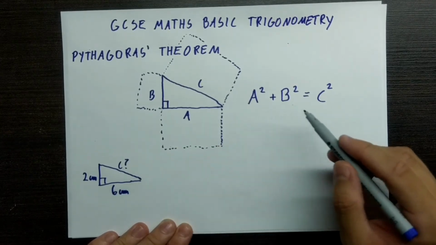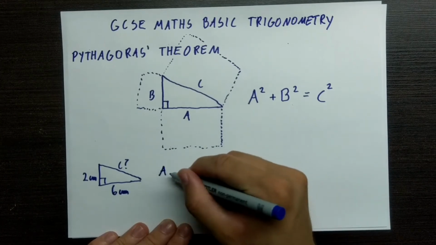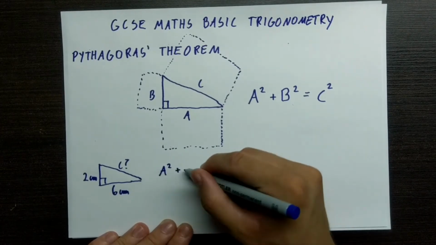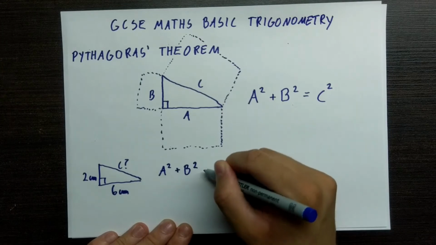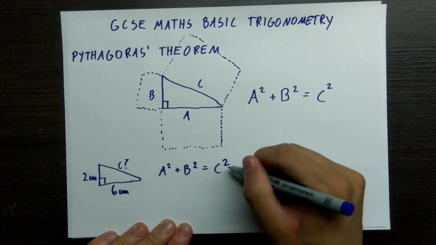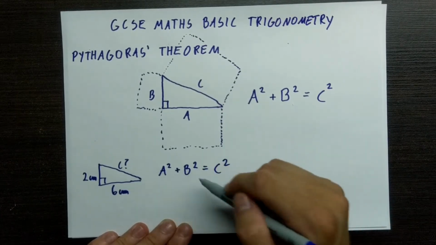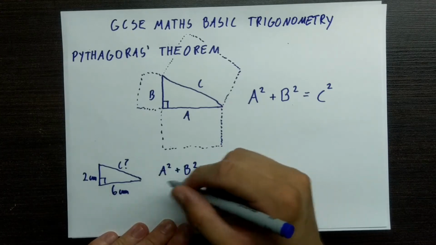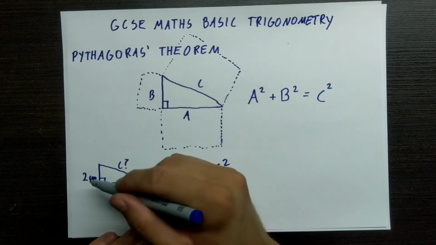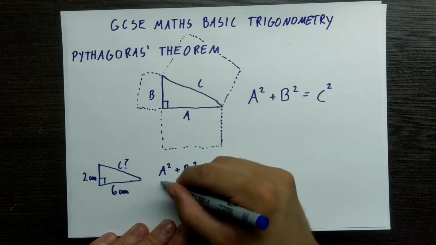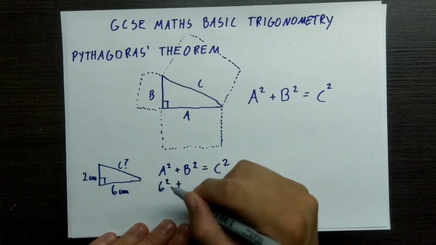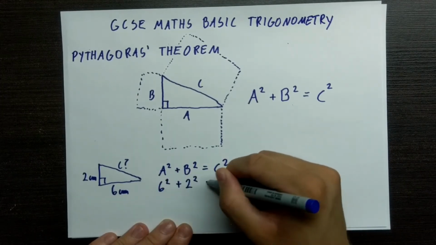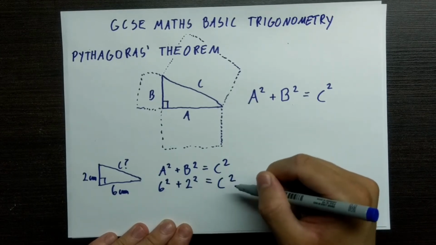A squared plus B squared equals C squared. Let's copy that down. Now, let's plug in the numbers. This is A, this is B. So, 6 squared plus 2 squared equals C squared.